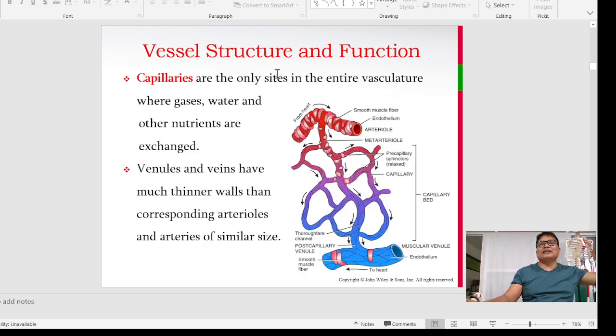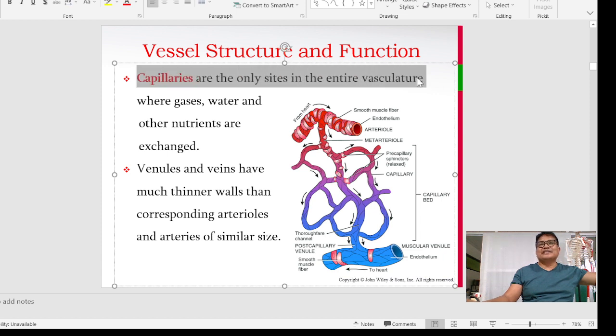This is now the capillaries. The capillaries are the site for gas, water and nutrient exchange. So you have there the capillary, and that is where the gas exchange happens. Then it is connected to your venules. Okay? Here it is connected there.